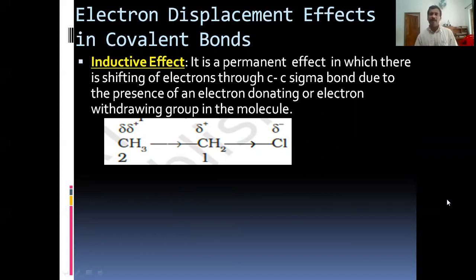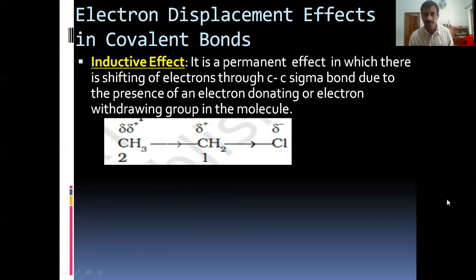It is a permanent effect in which there is shifting of electrons through a carbon-carbon sigma bond due to the presence of an electron donating or electron withdrawing group in the molecule.